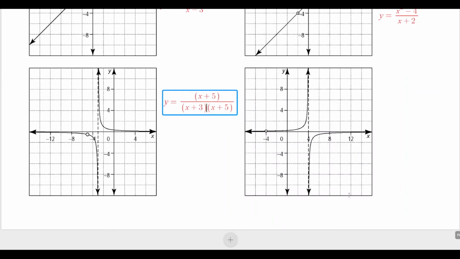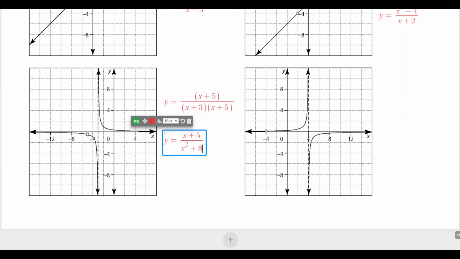I do have a horizontal asymptote that's 0, so my denominator needs to be a higher degree than my numerator, which it already is, so I don't need to change anything based on that. My y-intercept, which isn't clearly labeled, but if I multiply this out and I get x squared plus 8x plus 15, what I get for the y-intercept would be 5 over 15, which is 1/3, and that seems like it could be right, so I don't need to change anything there.